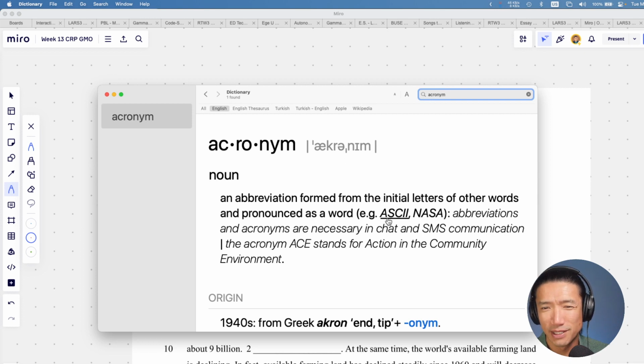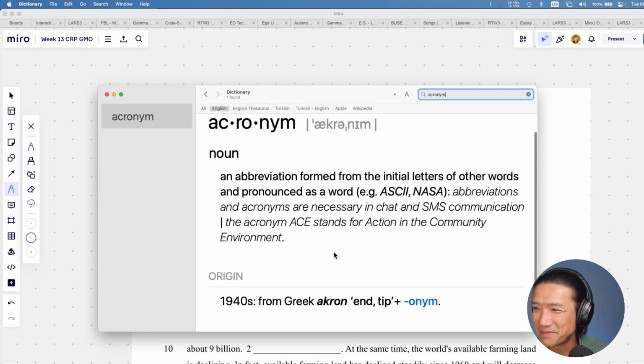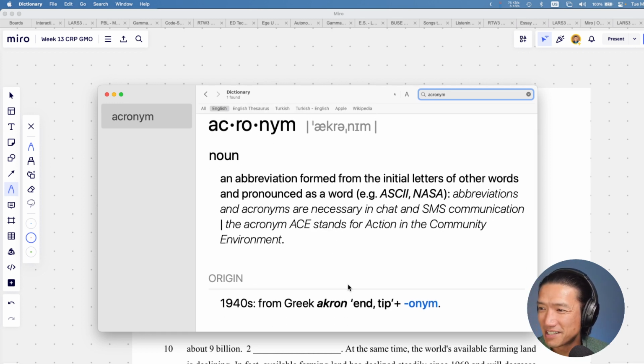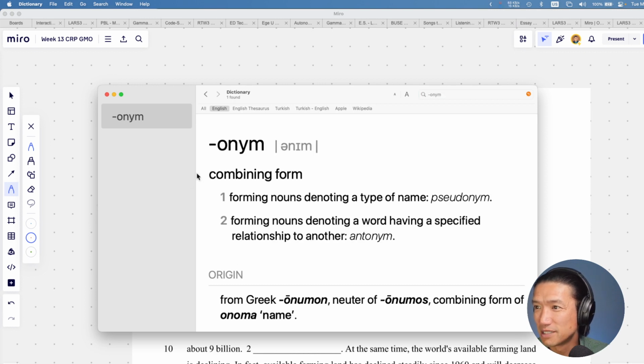We don't say USA as a word, usually. So is it an acronym? I don't know. Acron means the end or tip, plus onym, which, as a combining form, means name.